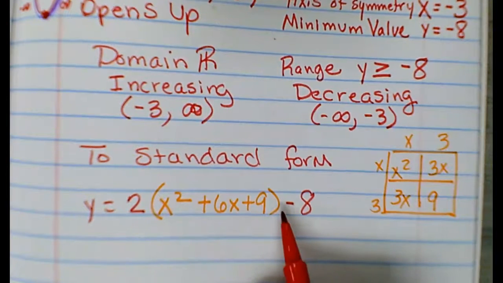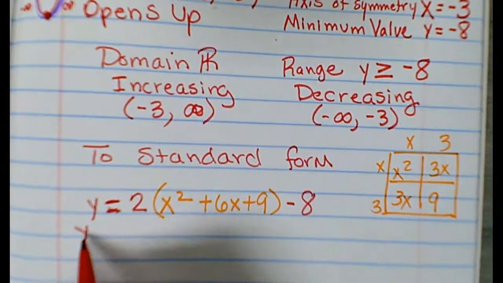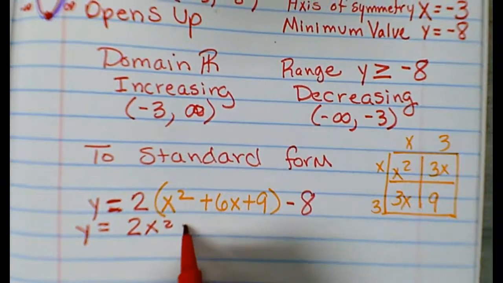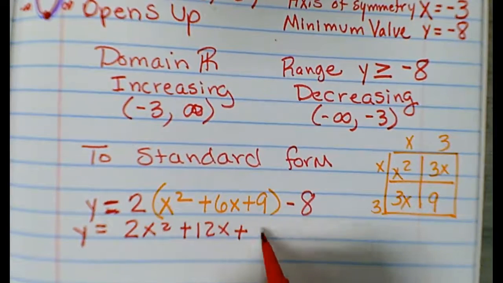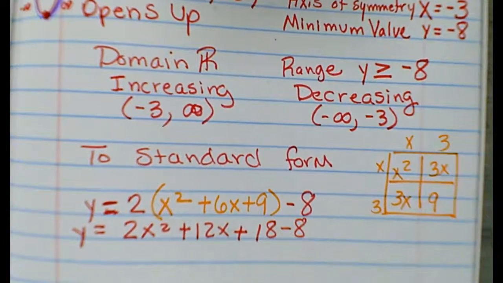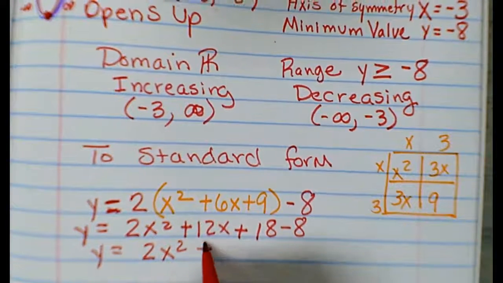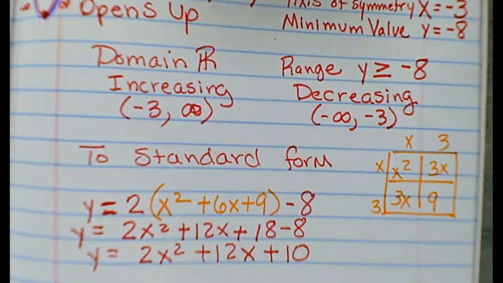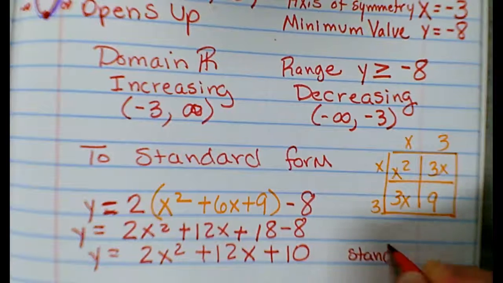After you have squared this, then what do you do with the 2 out in front? 2 times 6 is 12. 2 times 9 is 18. Subtract 8. And this is in standard form.